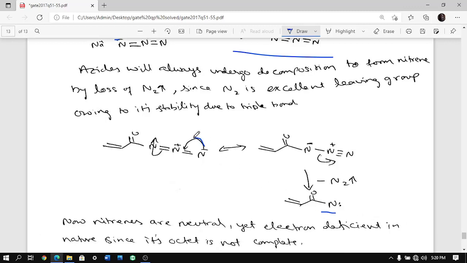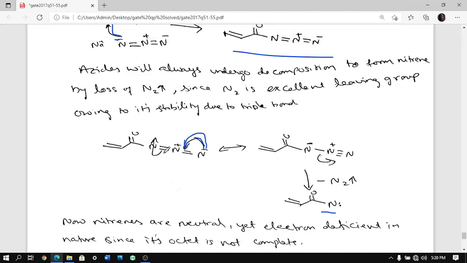This N2 is an excellent leaving group, triple bonded, very stable. So this negative charge comes here, you get a negative charge, then this leaves and you get a nitrene. So nitrogen having a lone pair of electrons, though it is neutral, is electron deficient, its octet is not complete, it has only 4 electrons, right?